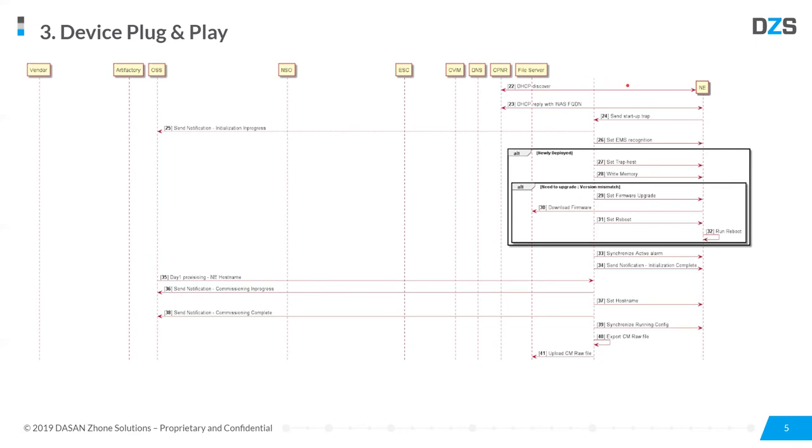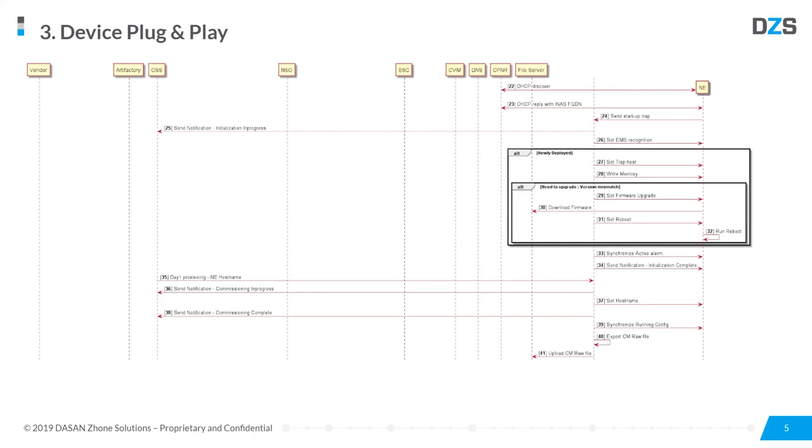When INAS receives the trap, INAS starts the GTP procedure. Right at the beginning of the GTP, INAS sends the notification "initialization in progress". It means it has started the GTP.